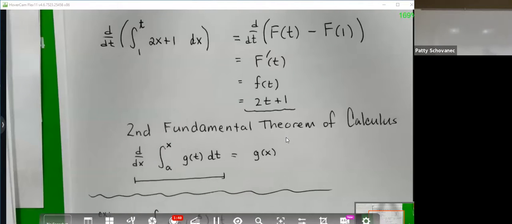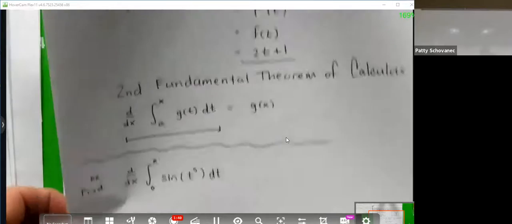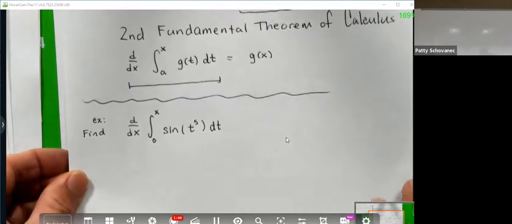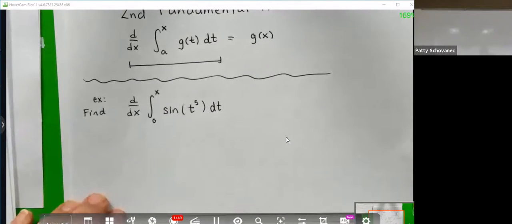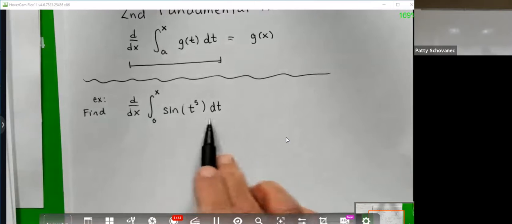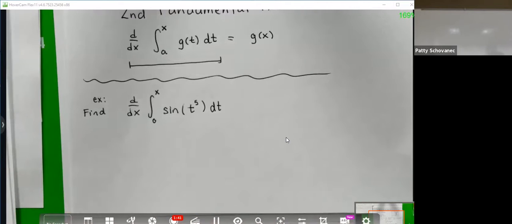But suppose I want to compute it as a function of x. Now I have an antiderivative as a function of x. And I want you to take the derivative of it. I can. So if I want you to find the derivative of the integral from 0 to x of the sine of t to the fifth dt, it's a quickie.